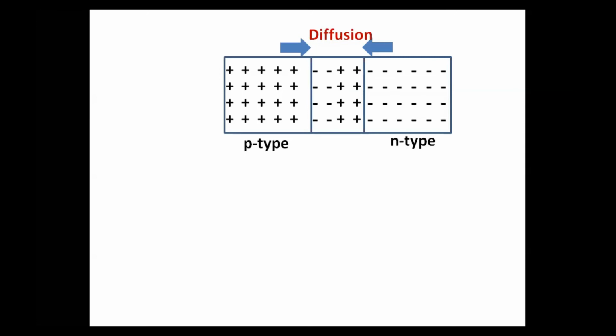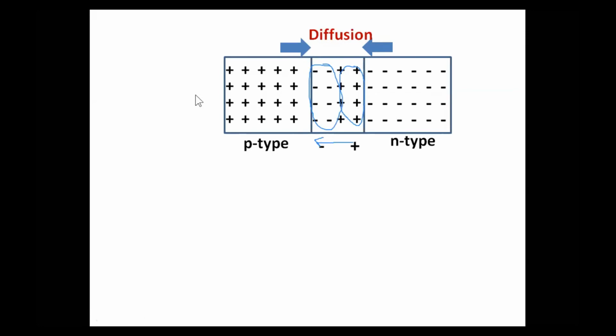Now, after diffusion, towards the n region we have positive charge, and towards the p region we have negative charge, which are separated, so that we have produced an electric field from positive to negative.